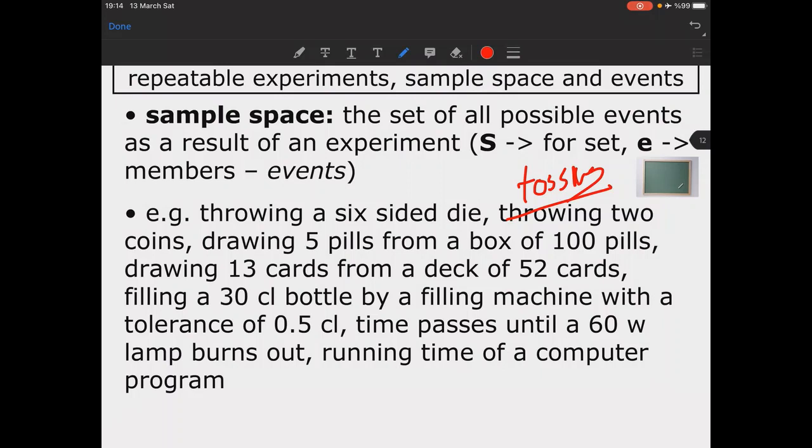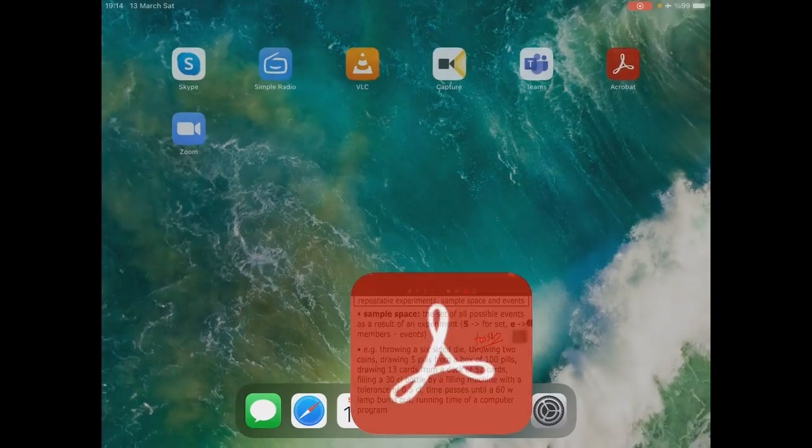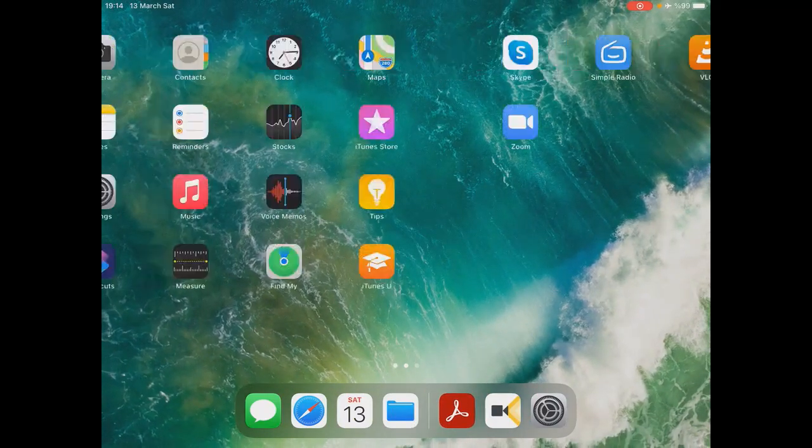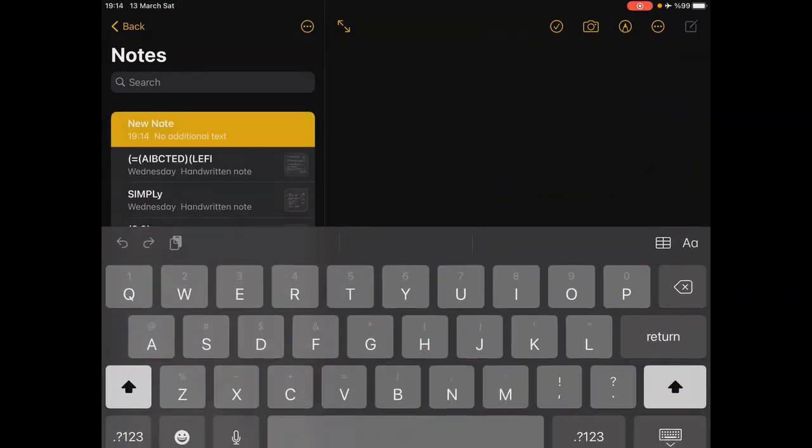Or the time that passes until a 60-watt lamp burns out, or the runtime of a computer program. How can we define our sample space in this sense? Now let's take a look at them together so that we have an idea about defining our sample spaces.